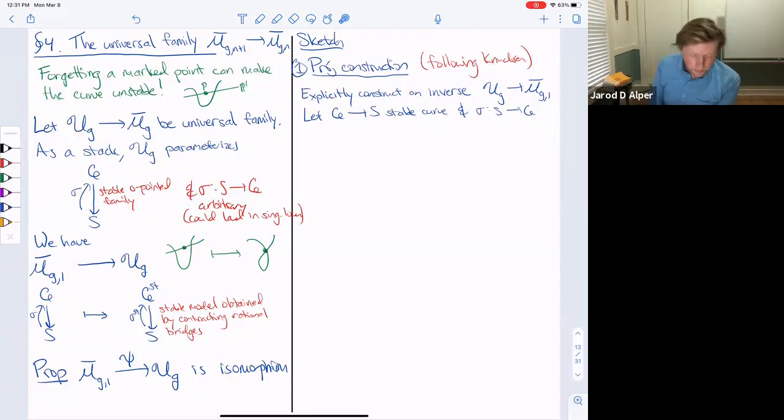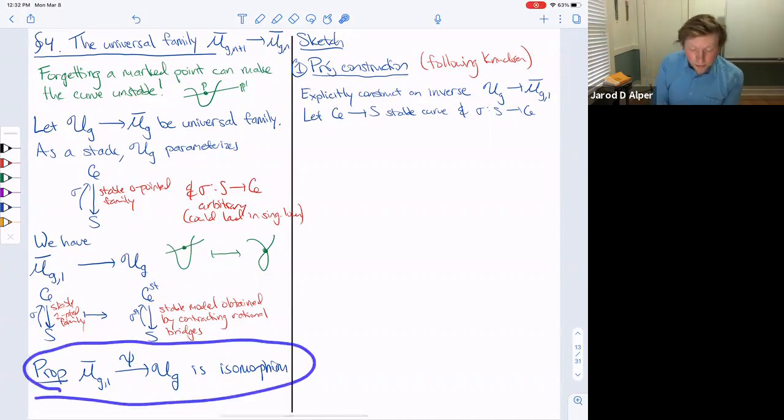So we have a map from M_g,1 bar to U_g, which associates to a stable 1-pointed family the stable model obtained from contracting the rational bridges. And what we want to show is that this is in fact an isomorphism.